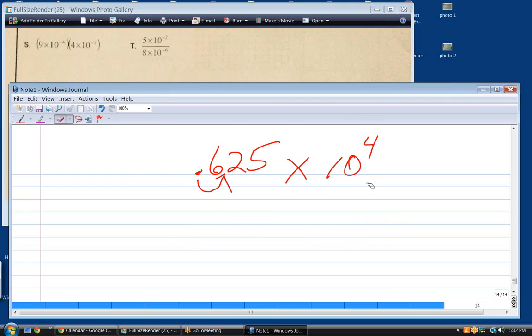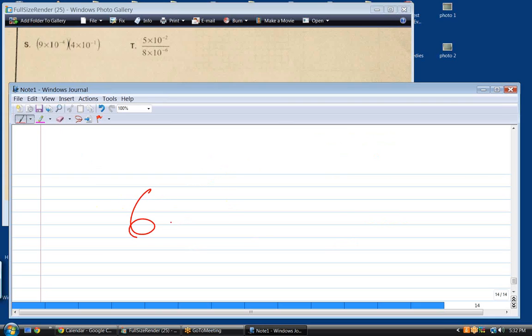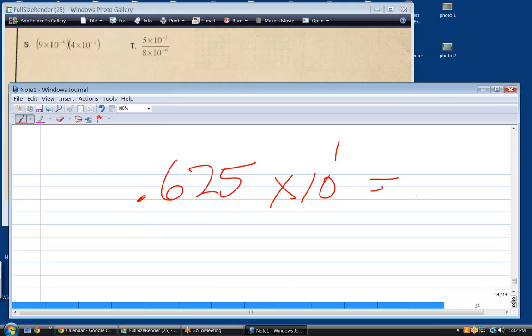And if you forget, that's something that would be real easy to get mixed up, well, notice that 0.625 times 10 to the 1 equals what?